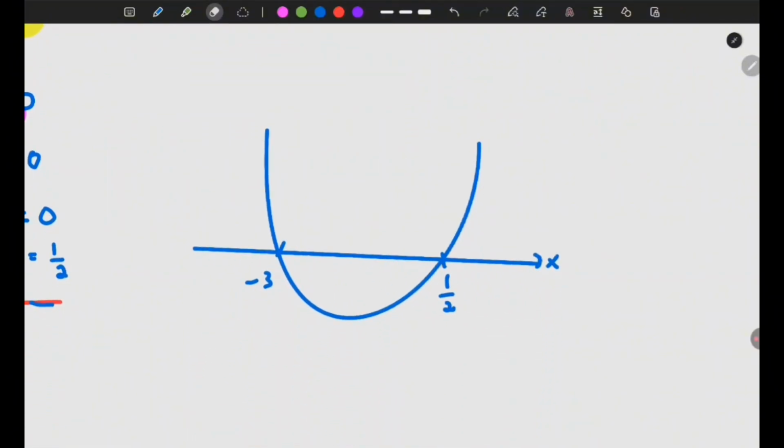One is here. Another place is here. So either the green part or the pink part. You cannot shade inside here. No, cannot. Only the green or the pink.